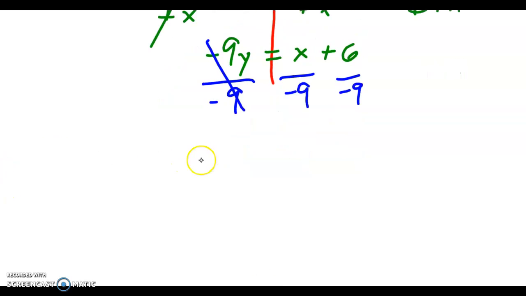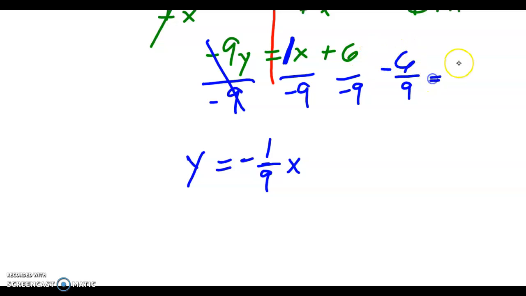So remember, your y is alone. That x technically had a 1 in front of it, right? When it's an x all by itself, that is a 1x. So when you divide by -9, you have -1 over 9. That's the term out front of x. And then that -6 over 9 can simplify to -2/3.